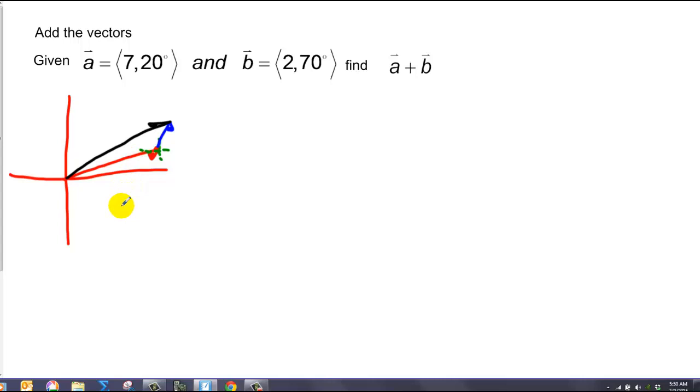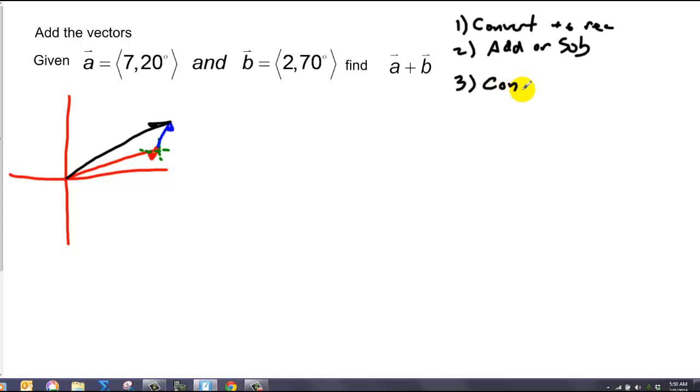Well, the best way to do this is convert to rectangular and add. So the steps involved in doing this are, one, you're going to convert to rectangular. Two, you're going to add or subtract. Three, convert back. And be done.